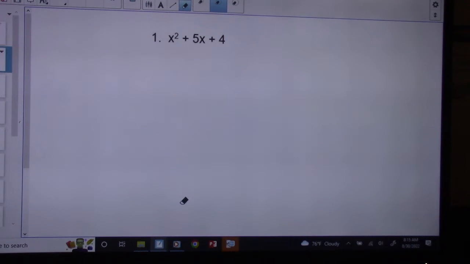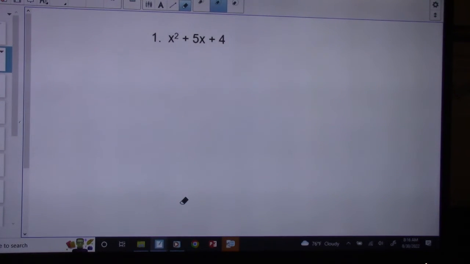I'm going to show you why we're doing what we're doing. Anyway, let's look at number 1 here. You have number 1 in front of you, right? The first thing I'm going to talk about is why factoring.